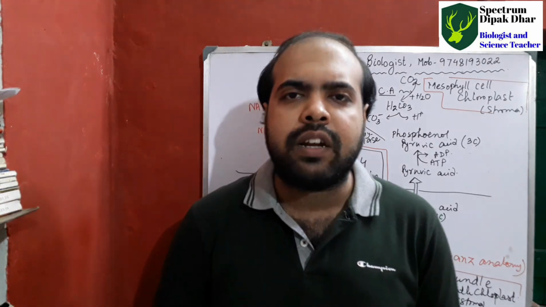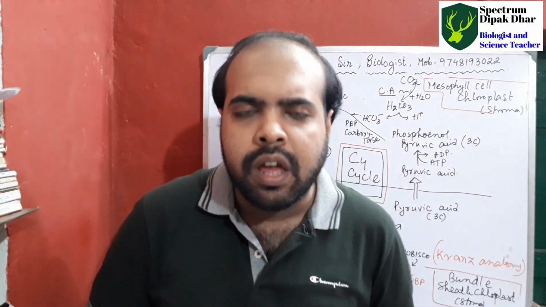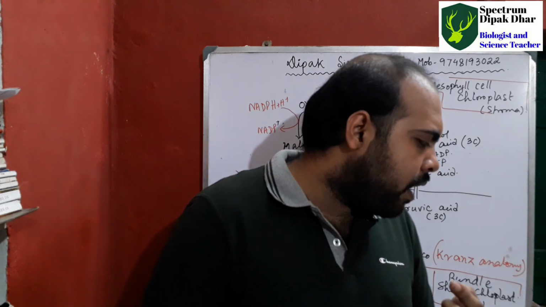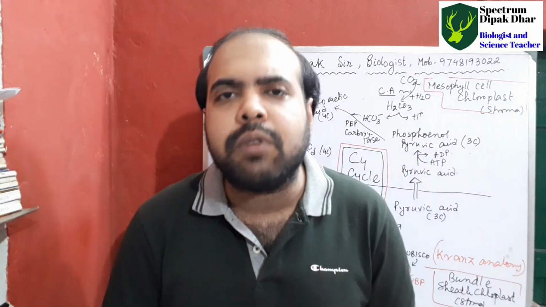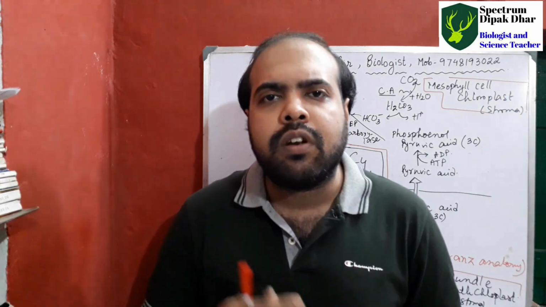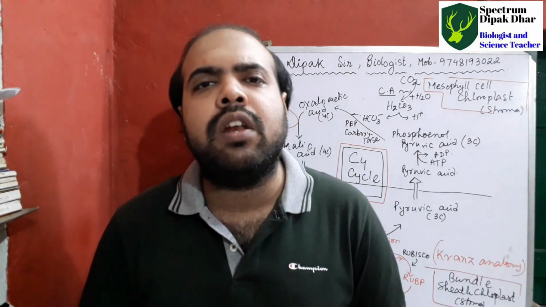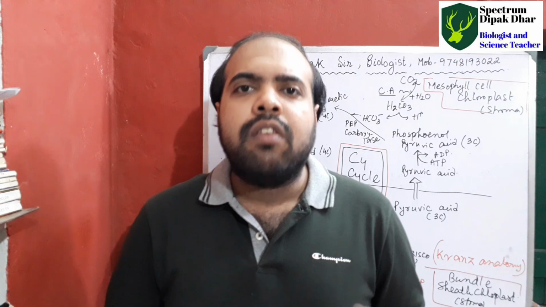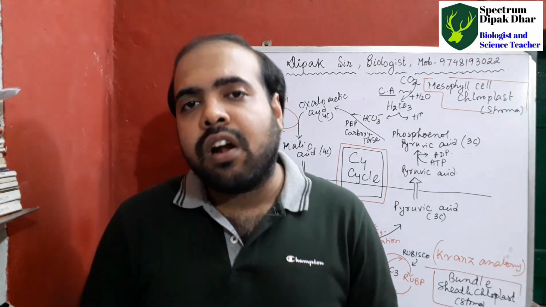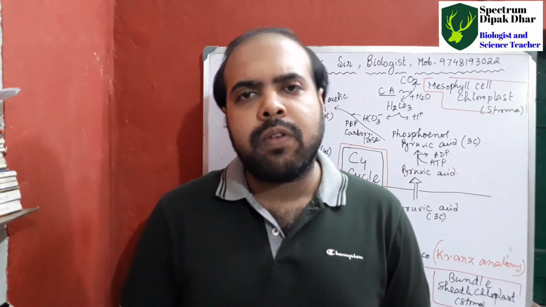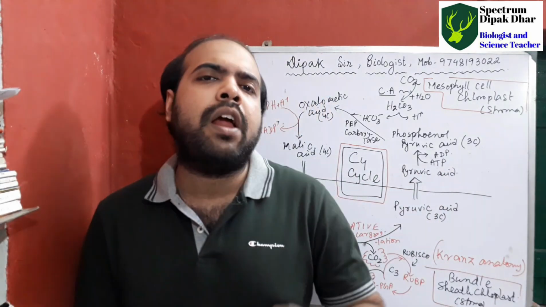So what are the basic characteristics? I am going to tell you again. First, C4 plants can sustain life in very hot climate where the temperature is above 30 degrees Celsius. Next, C4 plants show Kranz anatomy at the bundle-sheath chloroplast. Third, the carbon dioxide compensation point of C4 plants is very low.